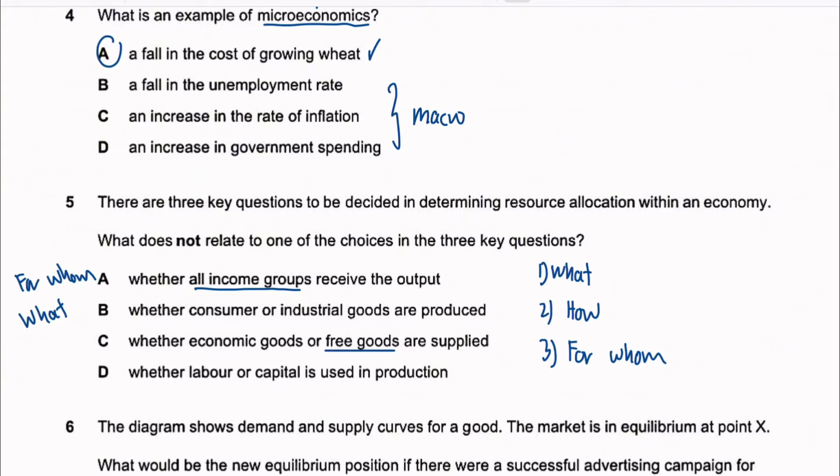They are naturally in our environment. So it's not produced by humans. They are like air, rain, and seawater. D, whether labor or capital is used in production. This is how to produce. So we know that C is the answer.